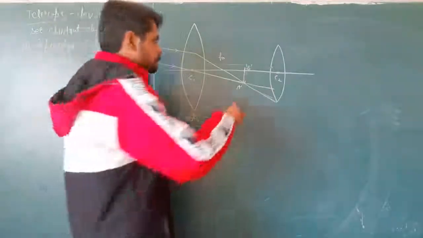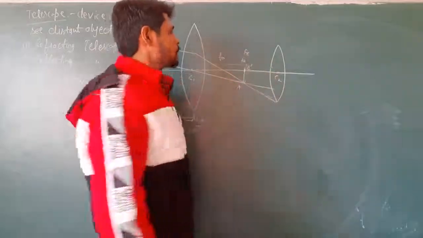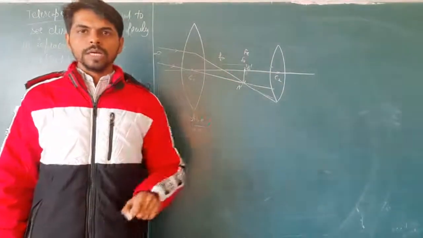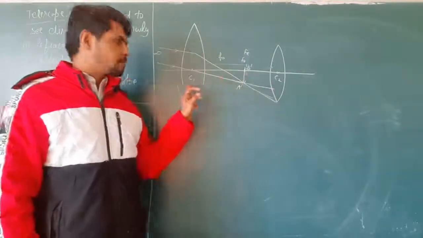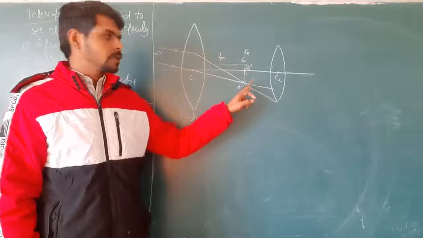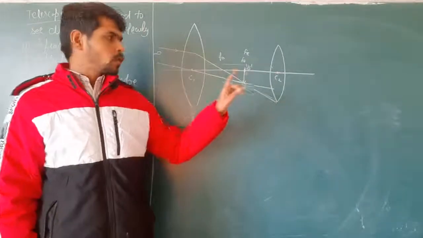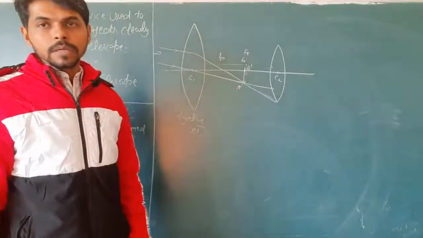So this is the FO as well as FE. This is the focus of objective lens as well as focus for the eye lens. It means image is at focus of objective and object is at focus of eye lens. So according to the eye lens, object is at focus, so image will be formed at infinity.